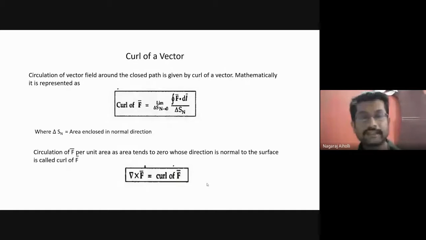Mathematically, this is given by the formula: curl of F bar is equal to the closed integral of F bar with respect to the length, divided by the area. That closed integral is our flux.